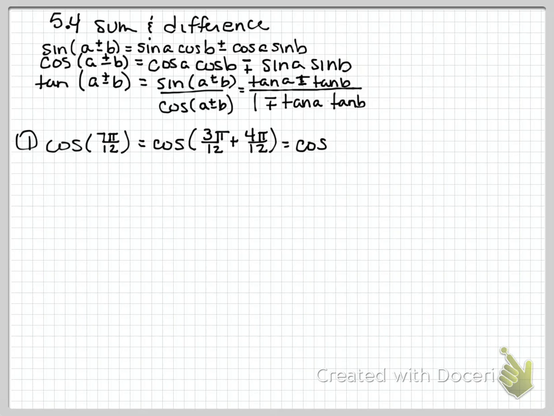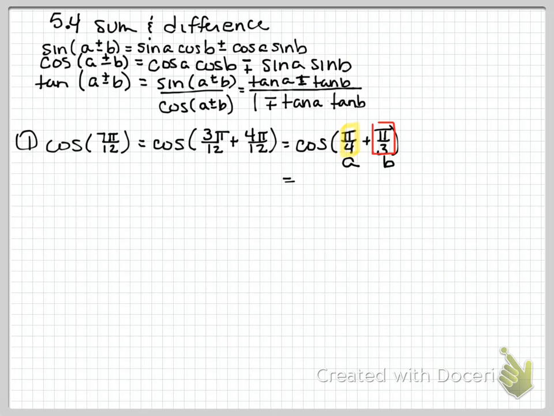And I get the cosine of pi over 4 plus pi over 3. Pi over 4 here, this is my A. Pi over 3, this is my B in my formula. So every place I see A, I'm going to put pi over 4. Every place I see B, I'm going to put pi over 3.